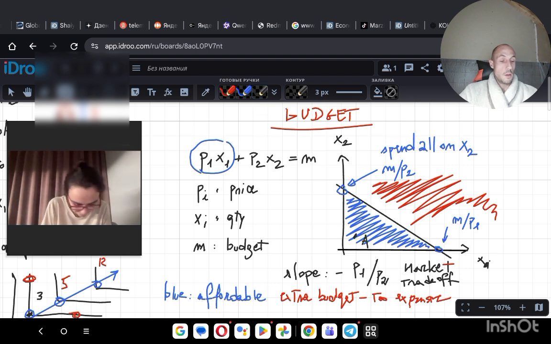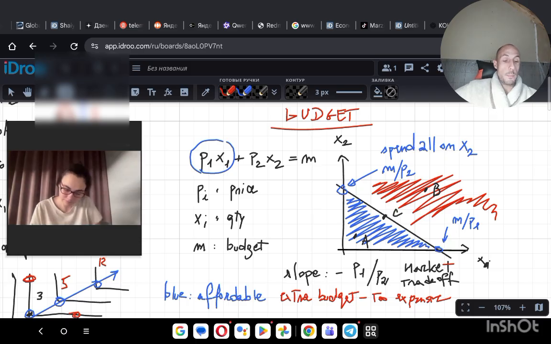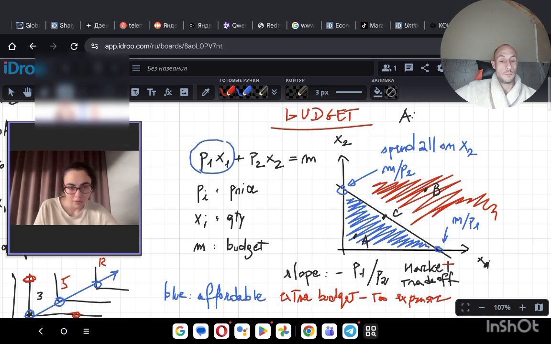Now, let me put 3 points on this graph, A, B, and C. Are you happy at point A? Probably not happy enough. Are you happy at point B?